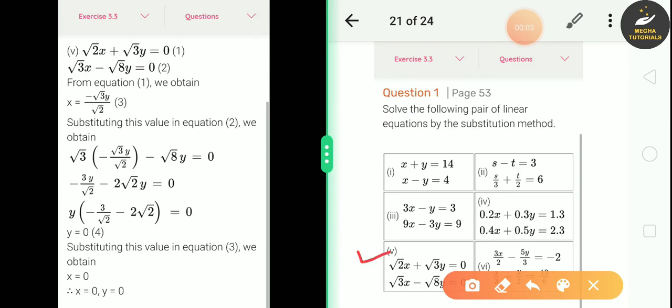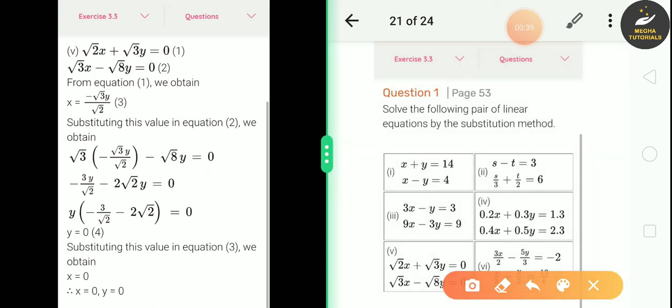Question 5. Equations are root 2x plus root 3y is equal to 0, equation 1, and root 3x minus root 8y is equal to 0, equation 2. So from equation 1 we can write x is equal to minus root 3y upon root 2. Okay, substitute this value in equation 2. So we can write root 3 into minus root 3y upon root 2 minus root 8y is equal to 0.